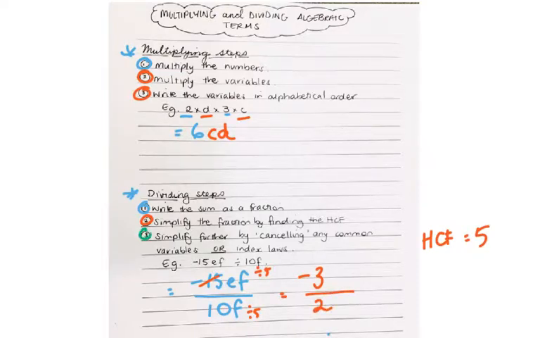And the last step here is to simplify further by cancelling any common variables or using my index laws. So if we look at the actual variables that we have, first of all we have e. E is not common to both the numerator or the denominator, so we're just going to write that one in. And then we've got f, which is common, so that gets cancelled down. So our final simplified algebraic expression is negative 3e divided by 2.